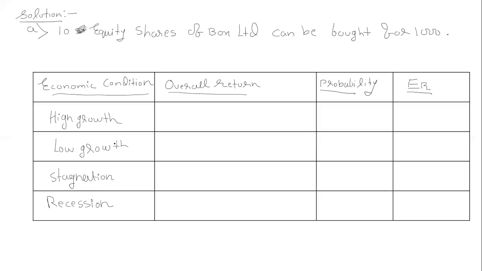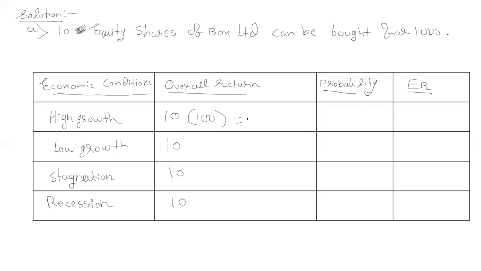Okay, so we have 10 stocks with us. In all we can purchase 10 from 1000 rupees. Now in the first case, high growth, the return is 100.